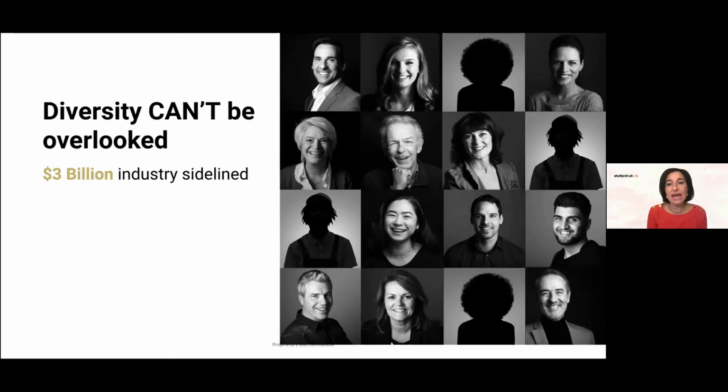I'm referring obviously to face recognition that wasn't able to properly detect and recognize Black skin and faces of people. So diversity cannot be overlooked or be fixed as an end process, an after process. A 3 billion industry sidelined because diversity wasn't even considered. And it starts with the data.